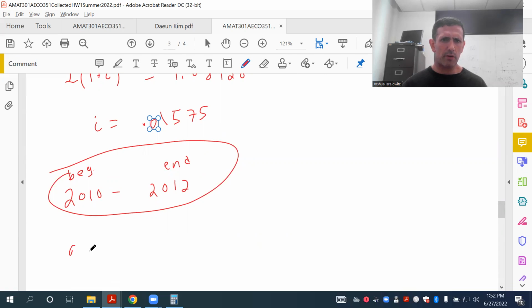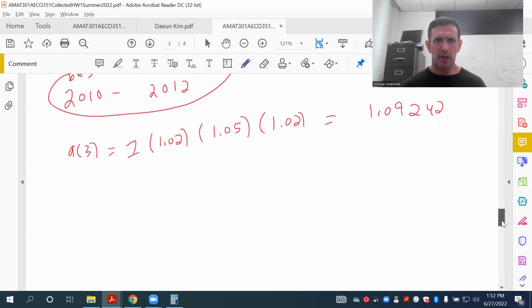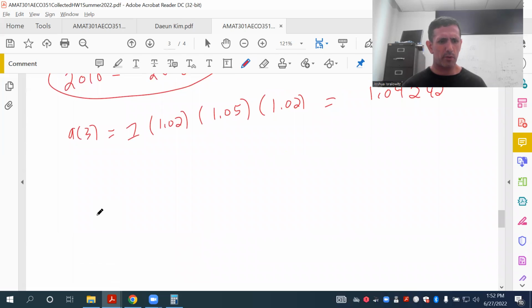Okay, so here, $1 grew by 2% in 2010, grew by 5% in 2011, and in 2012 grew by 2%. So this is going to be 1.09242.